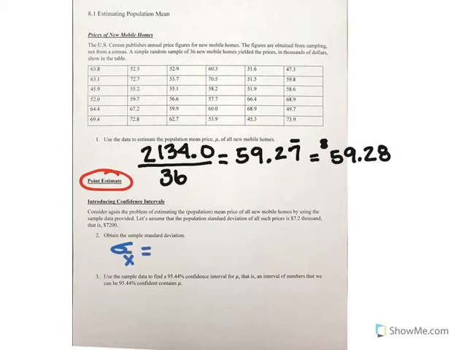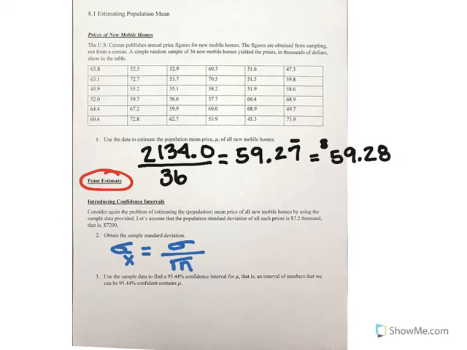It is take the population standard deviation and divide it by the square root of n, and that's little n. In chapter 7, we had big N and little n. Now in chapter 8, we're back to just little n. There's not going to be a big N. Little n will represent your sample size. How many numbers is in your sample?